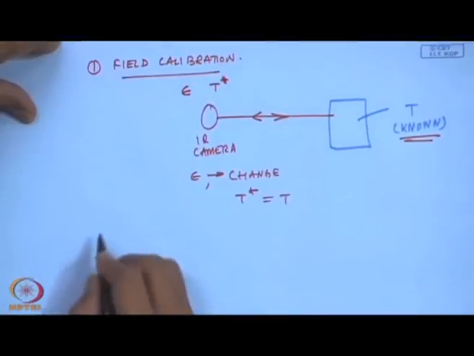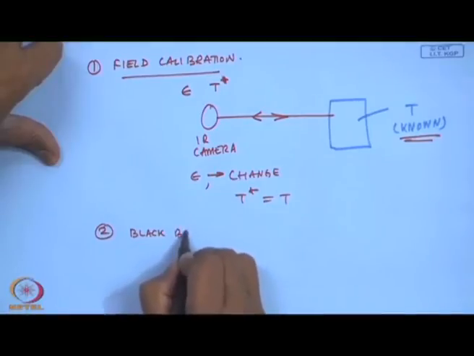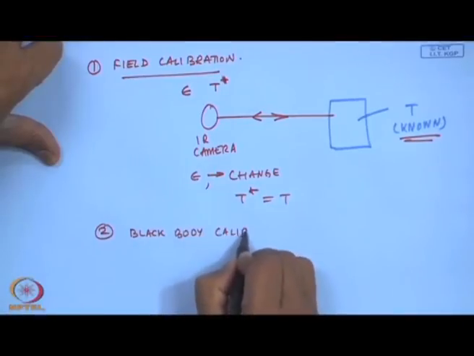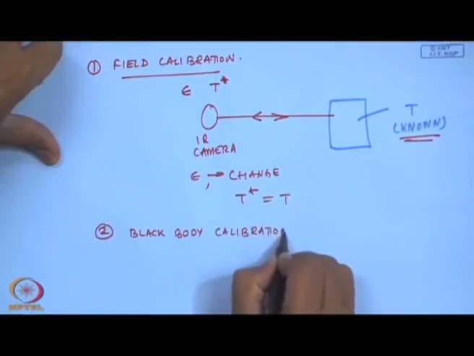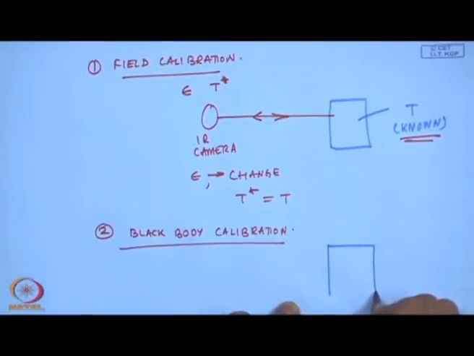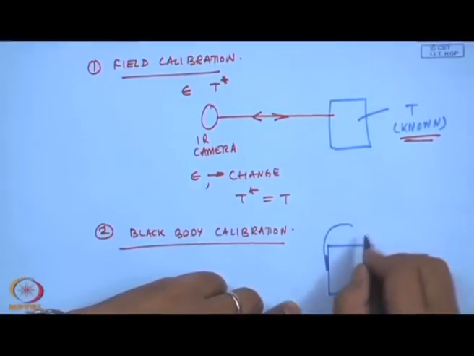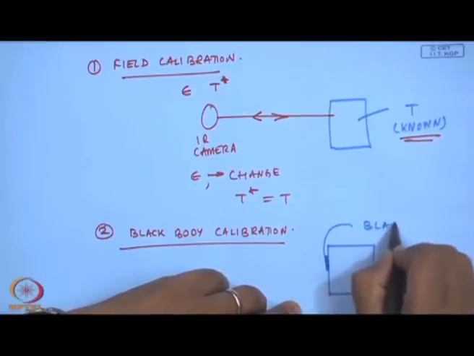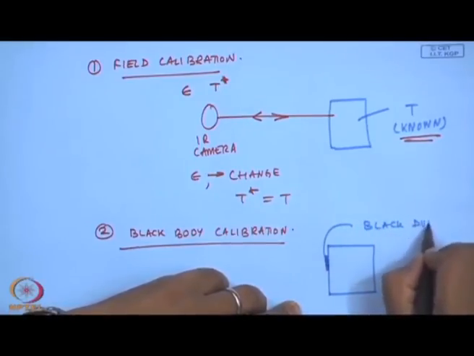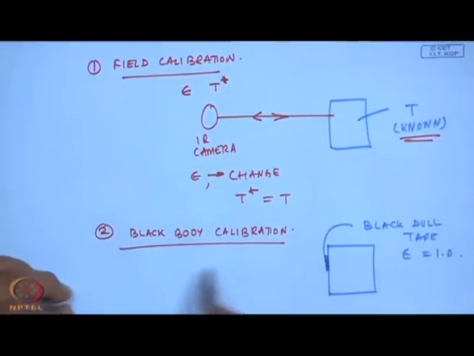That is one. Next is you can do a black body calibration. In the sense, I will make a body and I will put some black patch, black dull tape, so that emissivity becomes 1, and then because the emissivity of this IR camera is set to 1, I will measure the temperature accurately.